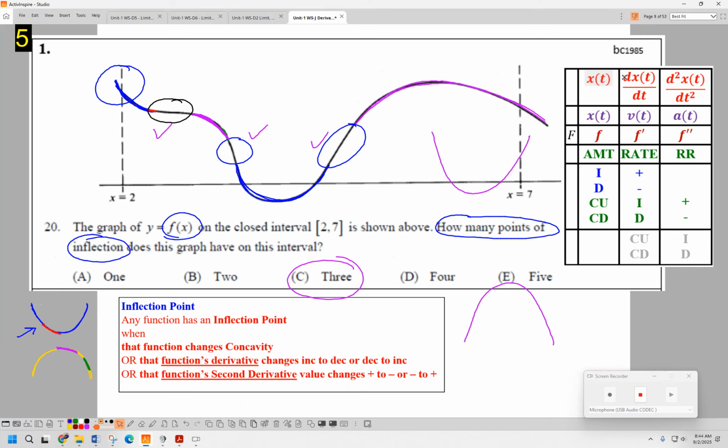Like right here, this slope of f is negative, then this slope is more negative, then less negative. This slope is even less negative. This slope on f is 0. The next slope on f is positive. And then the slope of f is getting more positive. So the slopes of this f graph are increasing.